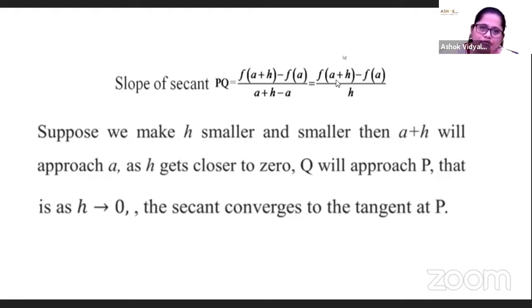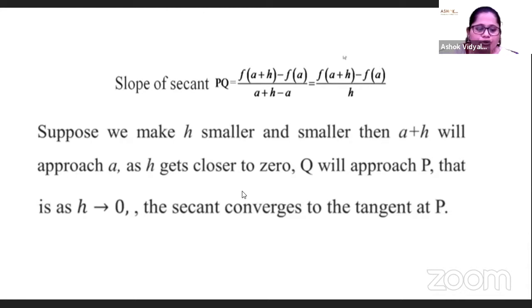This is f of a plus h minus f of a upon h. This is the formula for the slope of secant PQ.